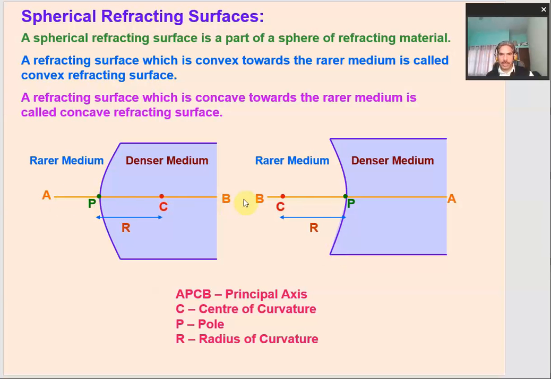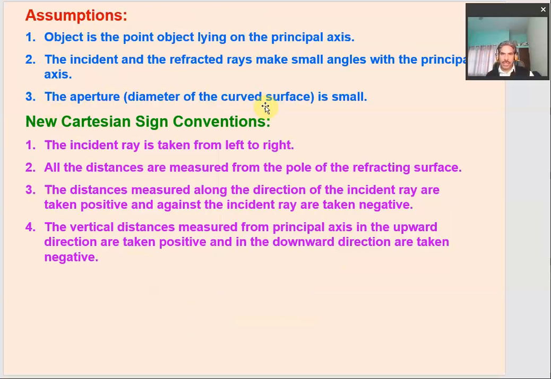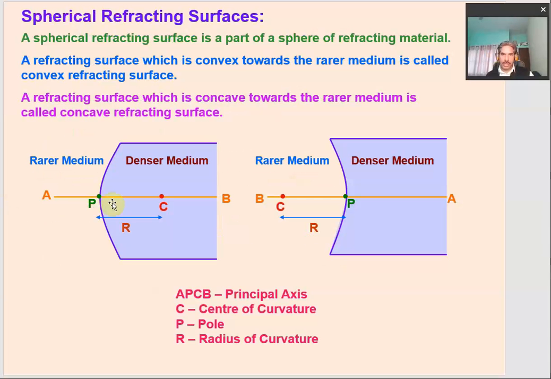This is the principal axis, the pole, the center of curvature, the radius of curvature. Apart from this, the sign conventions also remain the same: all the distances are to be measured from the pole of the refracting surface, either convex or concave.